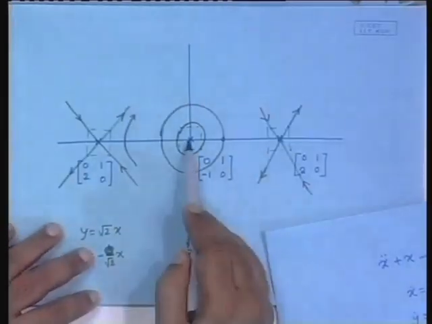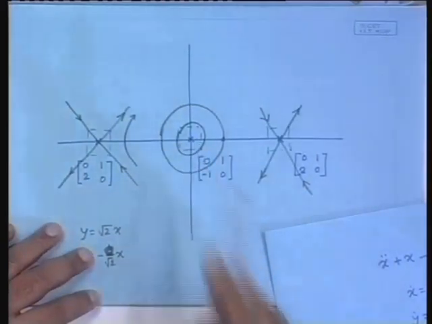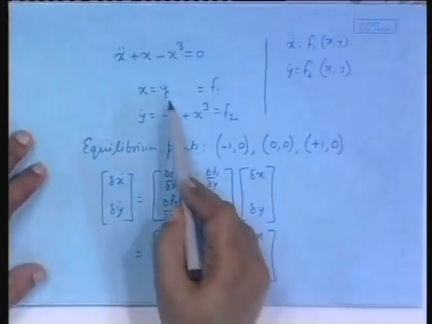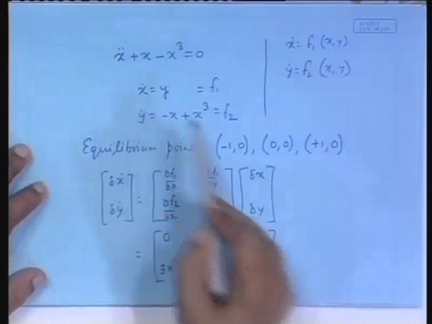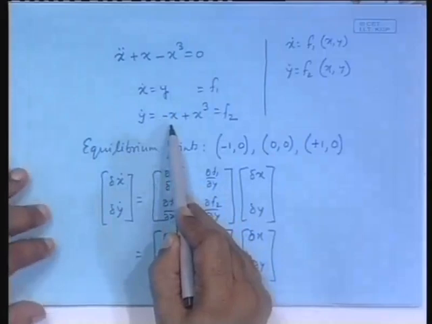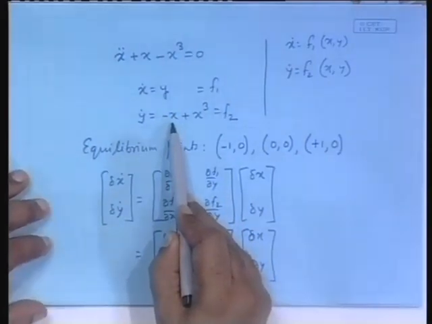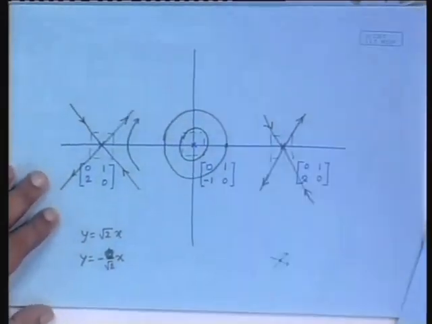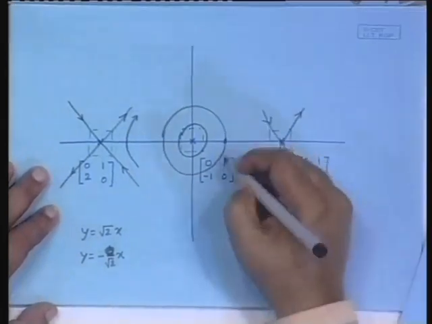Say x coordinate is 0.1 and y coordinate 0. x dot is 0 and x coordinate is 0.1. You can calculate this. You will get this as a negative number because of this, which means that here the vector will be pointing like this.